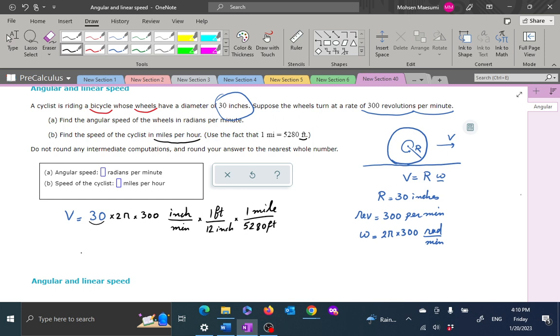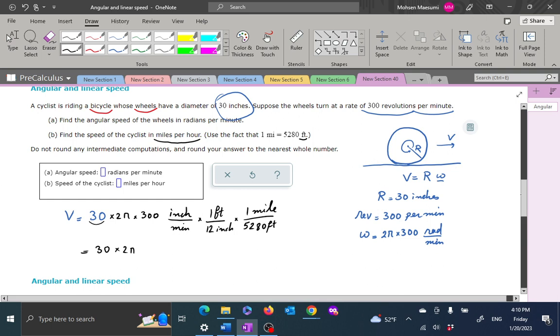So what we have now is a product of 30 times 2 pi times 300 times 1 over 12 times 1 over 5,280, and now we have our answer in terms of miles.